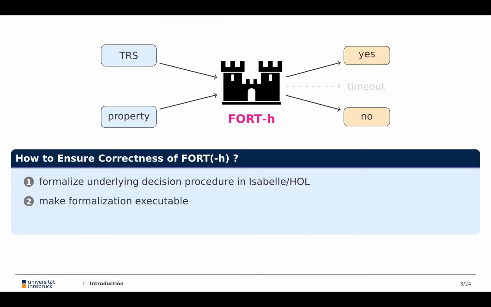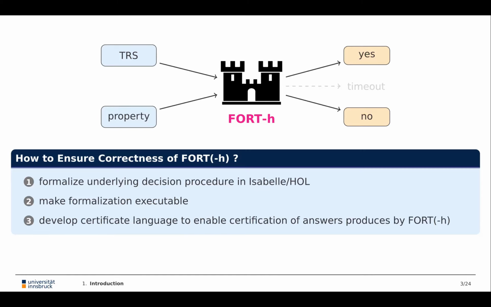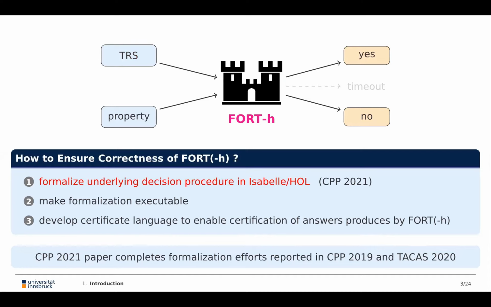Then make the formalization executable to generate a certificate checker, which can then certify the answers by the tool, given that the tool outputs a certificate language, which also has to be developed. In this presentation, we will talk about the first step in this process, formalizing the underlying decision procedure. The results have already been reported in CPP 2019 and 2020, so this has been a while in the making.